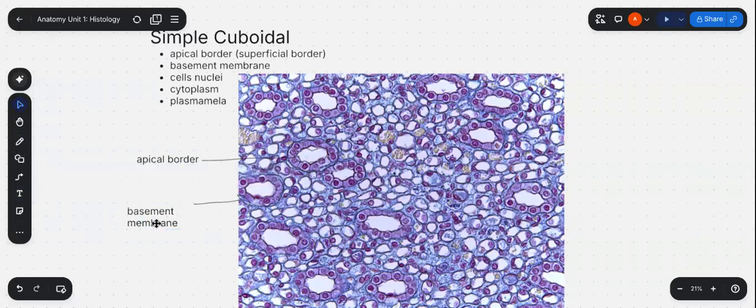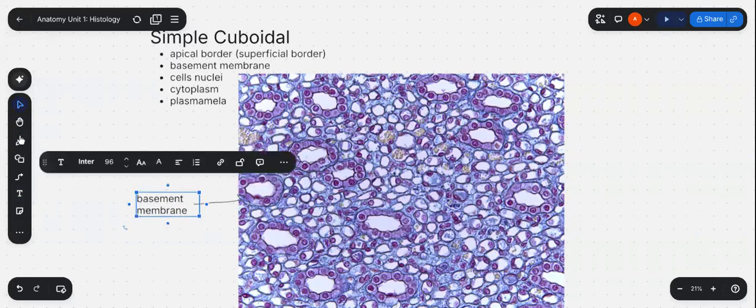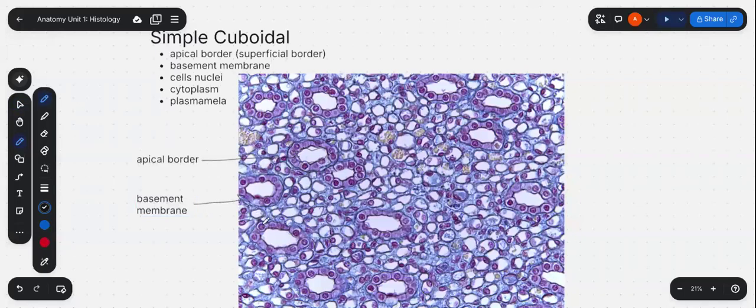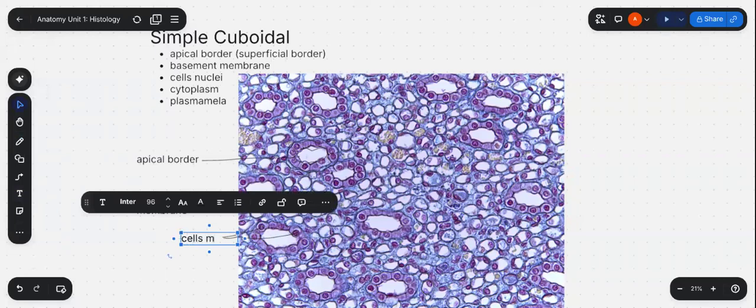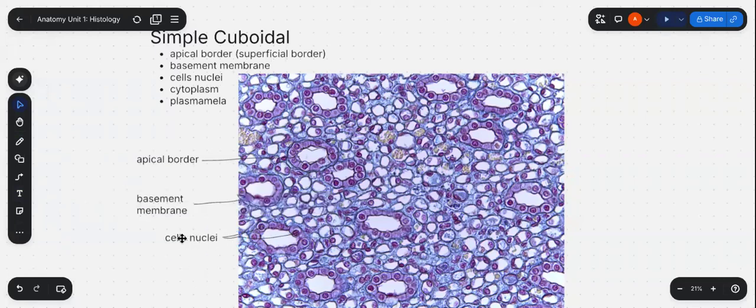Next, we have the cell's nuclei. Again, it is going to be a dot in the middle of each cell. So these purple pinkish looking dots over here in the middle, these are all of the different cell nuclei. The next terminology that is good to know is the cytoplasm.